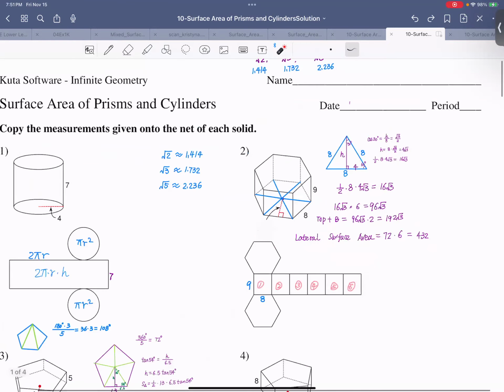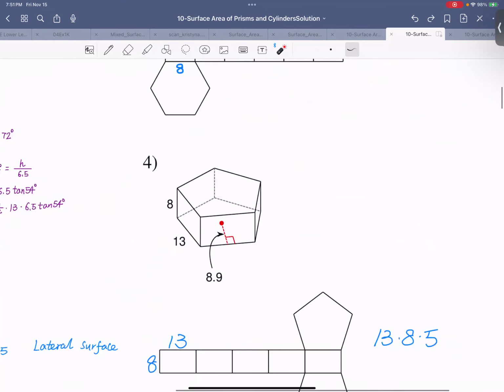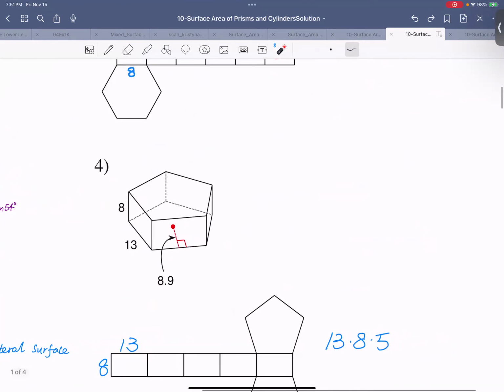This is number 2. Number 4. Let's see here. Vanisha. Let's draw a pentagon. Okay? Draw a pentagon. This is a regular pentagon. So 5 sides should be equal. You have this.